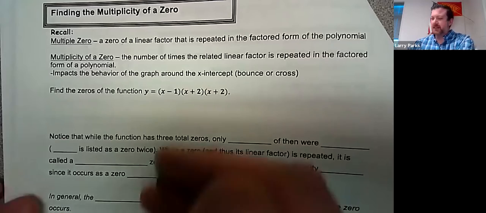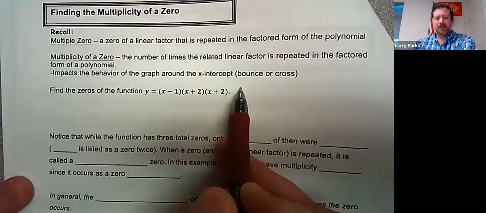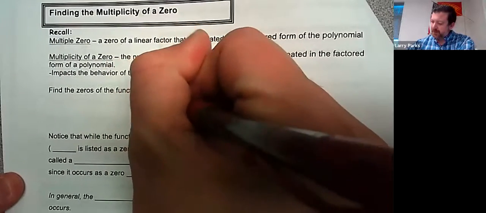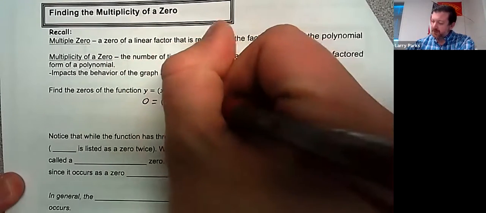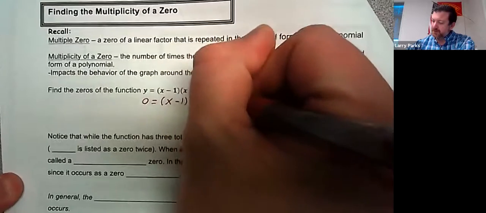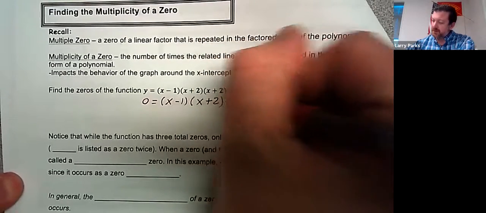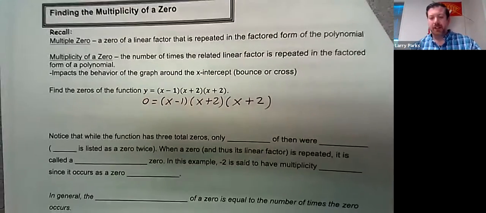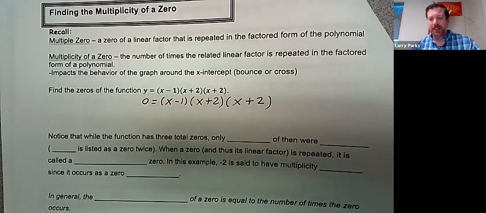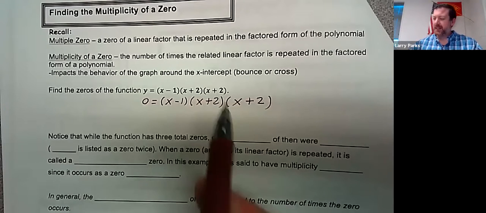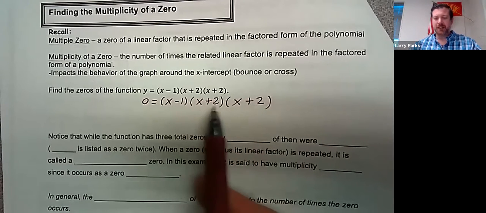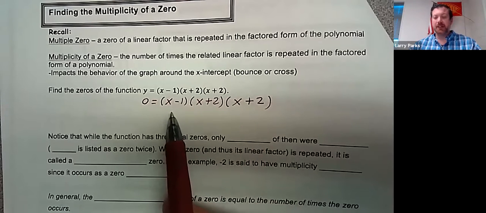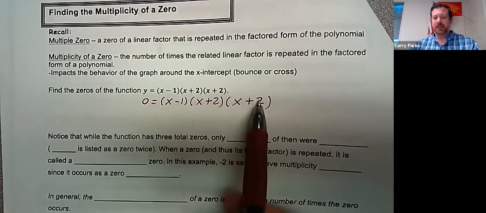To find the zeros, I would set this equal to 0. And then notice it's already factored for us. Notice I have a repeated 0. We call that multiplicity of 2 because there's 2 of them. And I can use the zero product property when there's 3 terms also.